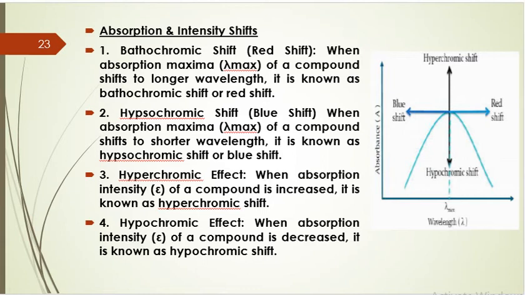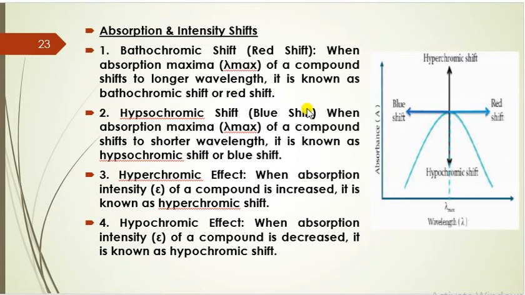Now this bathochromic shift is also known as red shift. When the absorption maxima of the compound, that is the lambda max, shifts towards the longer wavelength, this is known as bathochromic shift or red shift. So if you see the diagram given here, the change in the lambda max towards the right side, or towards the longer wavelength, is known as bathochromic shift.